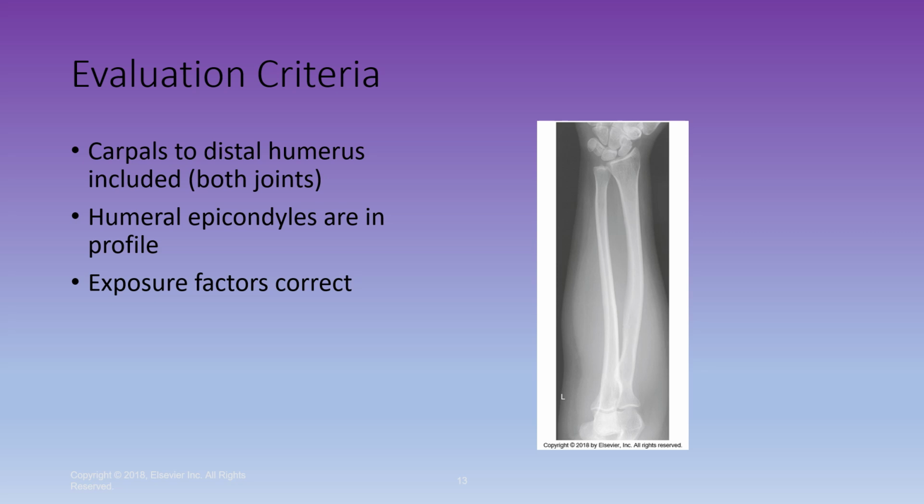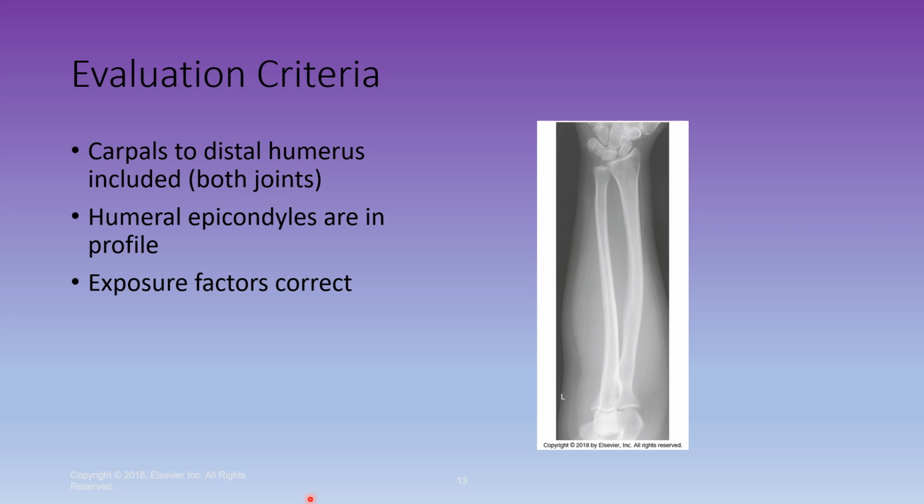If this is done correctly, this is what it would look like. So hand would be up here, so it hangs fingers up. This is elbow joint, this is wrist joint, and I would say we definitely have about 1.5 inches beyond. Okay, you have to include from carpals to the distal portion of the humerus, because you need both joints to image long bones.